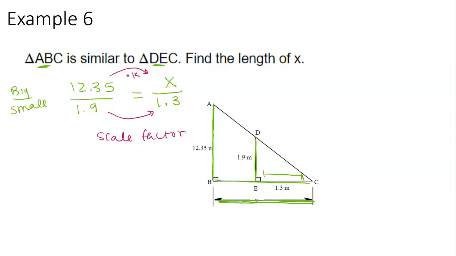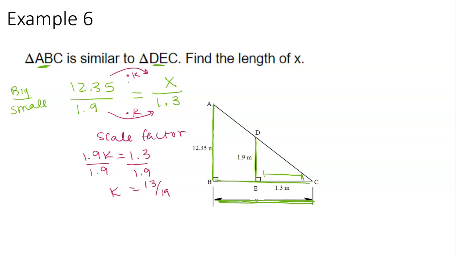So I'm going to go in this direction as well. It doesn't really matter. So 1.9 times k is equal to 1.3. So I'm going to divide both sides by 1.9. And I get k is equal to 1.3 divided by 1.9. And my fraction gives me a long decimal. I'm going to turn that back into a fraction, and I get 13 over 19.